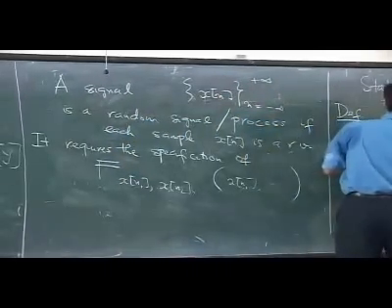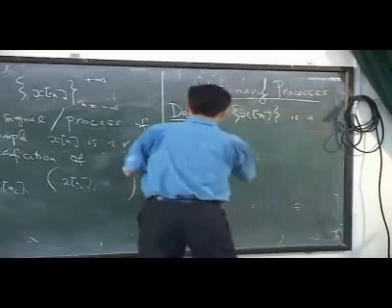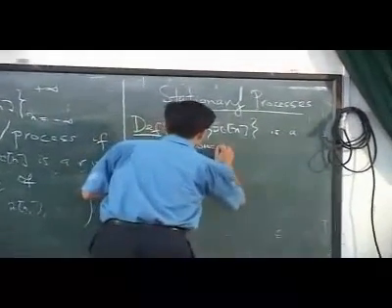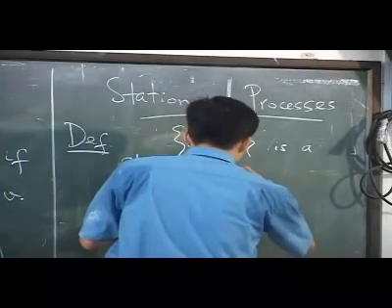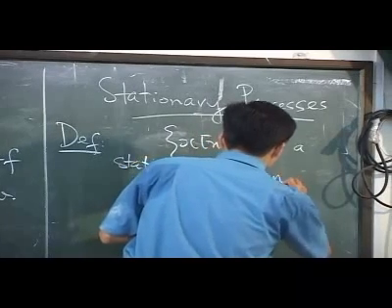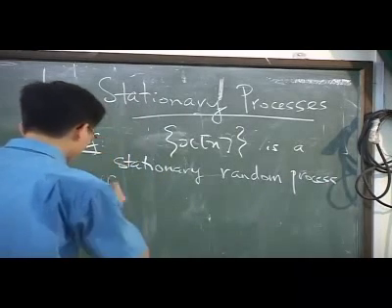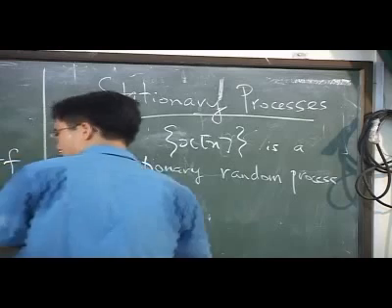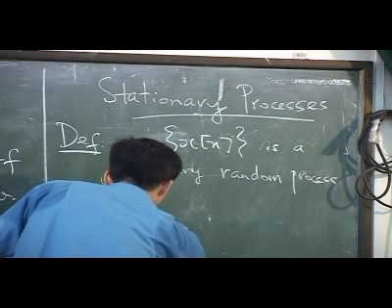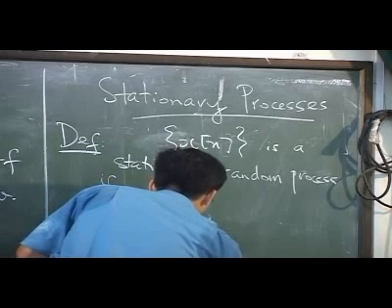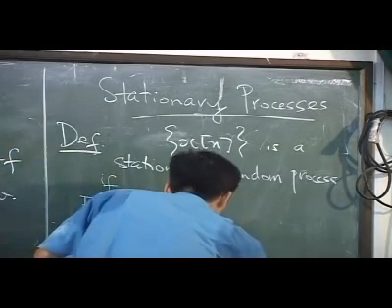So let's say X[n] is a stationary random process if I have the probability of X[n1], X[n2], up to X[nN], for example.